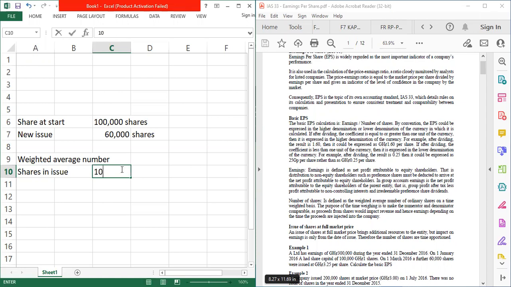It was 100,000, isn't it? Or shares at start. Or you can say shares in issue at January, anyhow you want to put it. The new issue will now contribute only 10 months. So how do you find it? It is 10 over 12 times the number of shares, which is 60,000. Am I correct? Yes. How much are you getting?